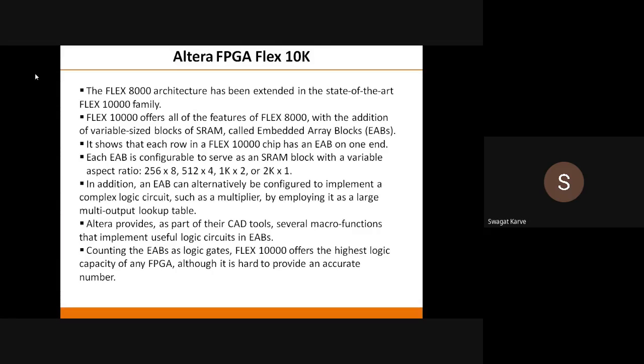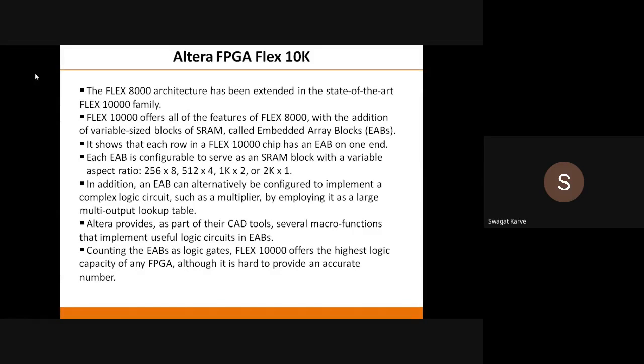What is the next feature? Each row in the Flex 10K chip has an EAB on one end, and each EAB is configured to serve as an SRAM block with a variable aspect ratio, for example 256 by 8, 512 by 4, 1K by 2, or 2K by 1.